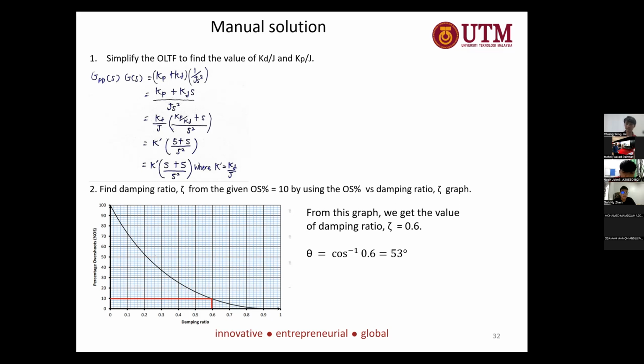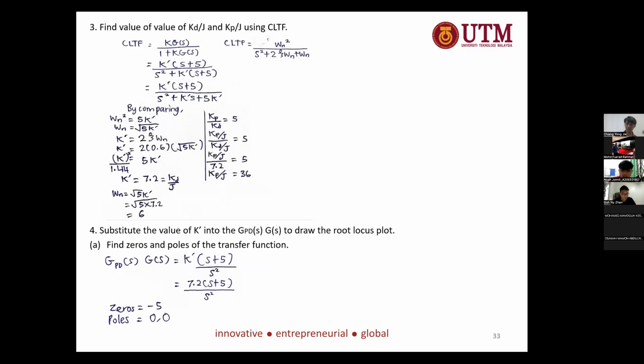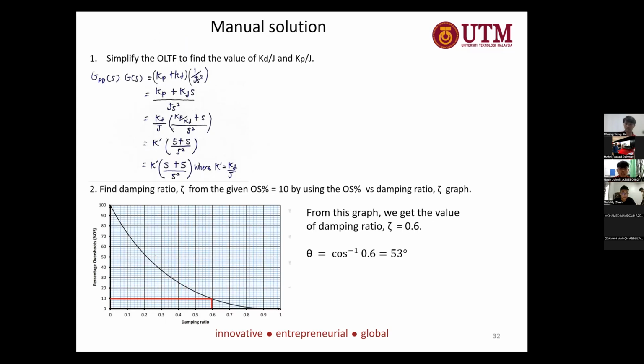So this is what I mean by the graph like this. So the value of overshoot is 10, and then I find the value of damping ratio using the overshoot. Okay. And then from that, I can find the angle of the damping ratio equal to 53.